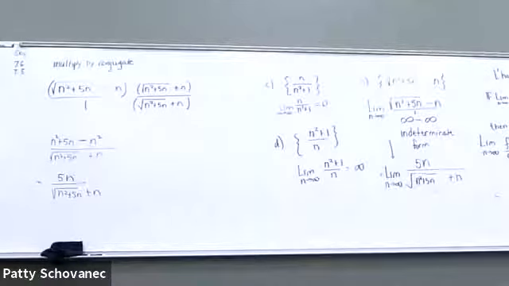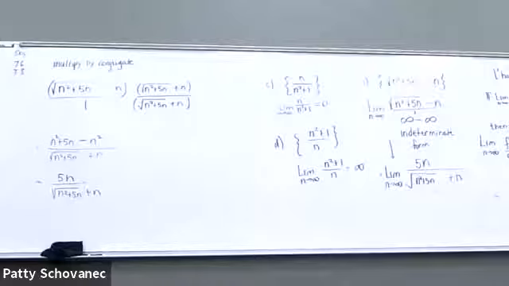Did that help any? It does have a fraction. It does have the form infinity over infinity. But I know from experience that L'Hopital's rule doesn't work when you have a term with a square root and a term without a square root in the same denominator.